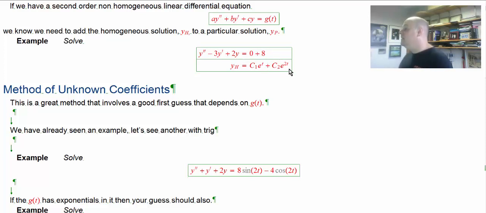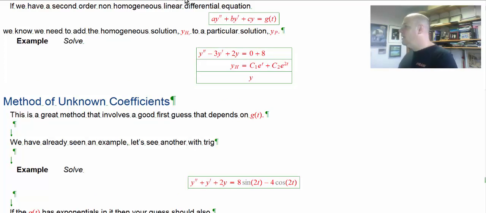I need something then to add to this solution so that 8 comes out. This won't do it. If I put this into the left-hand side, 0 comes out.